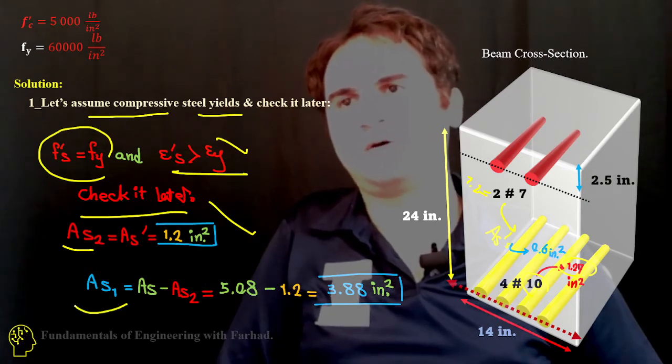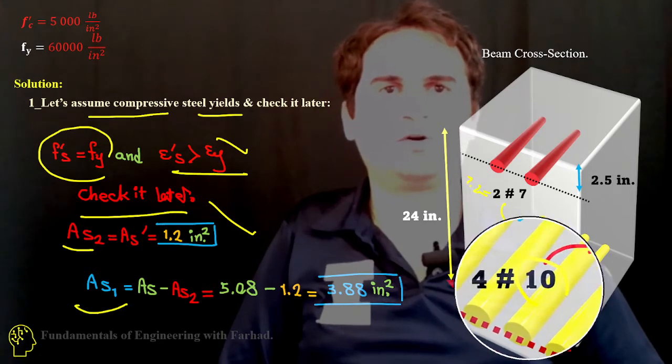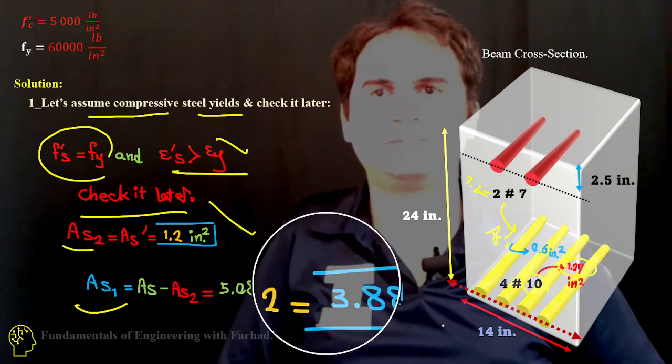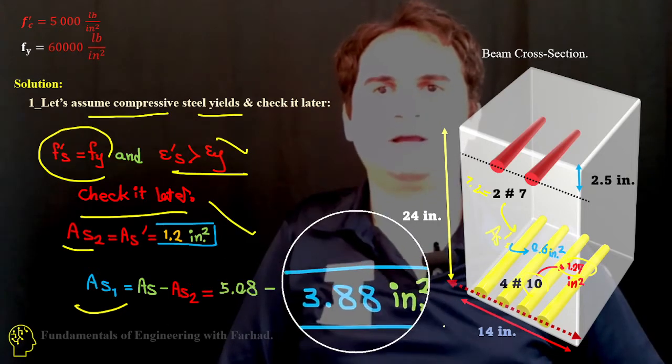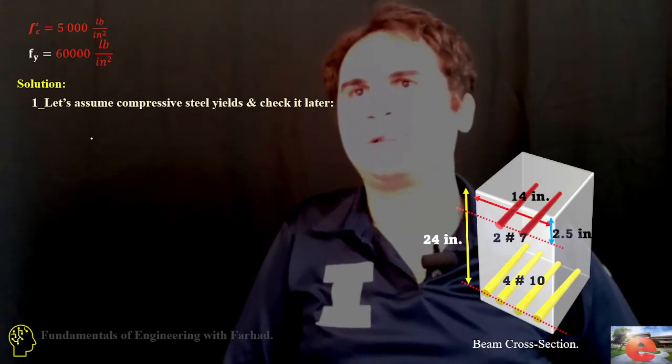We can call As1 the subtraction of 4 number 10 minus 2 number 7: 5.8 minus 1.2 gives us 4.6 inches squared for As1.